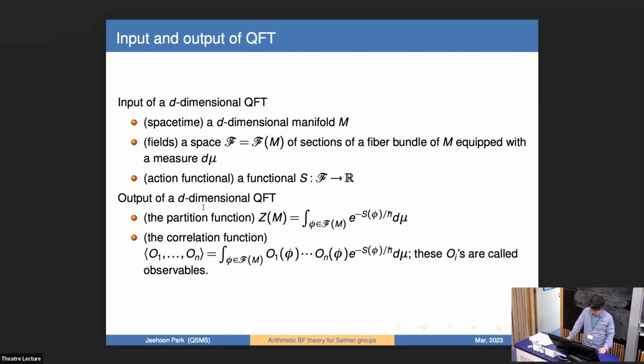That's the input data of QFT. Once you have such input data, the output of this QFT is the so-called partition function. It's an important invariant in physics. And also, more generally, there are correlation functions using these observables. That's the mathematical structure coming from physics.